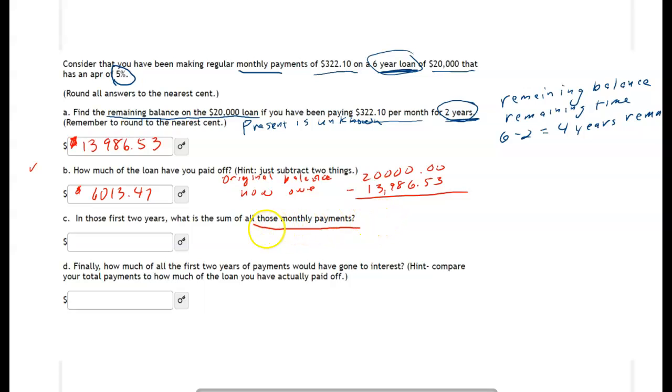We've been making monthly payments of $322.10, and we paid that for 2 years, which is 24 months. So we get 322.10 times 24.